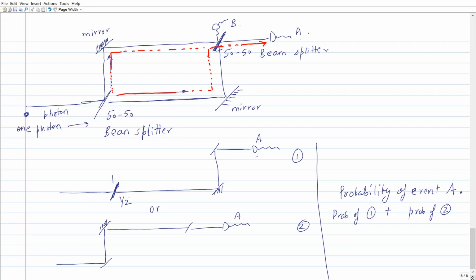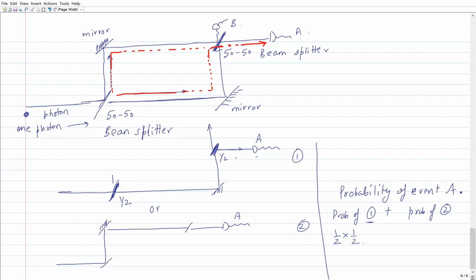So I have half. And then over here, again at this beam splitter, the probability of either going to the detector B or to the detector A is again half-half, 50-50 probability. So the probability of event 1 is going to be 1 upon 2 times 1 upon 2. This is going to be this process and this process. Both of them have to occur simultaneously for 1 to occur. For 1 to occur, it has to pass through the beam splitter. That has a 50% probability. And then over this beam splitter, it has to get reflected. That is again 50% probability.